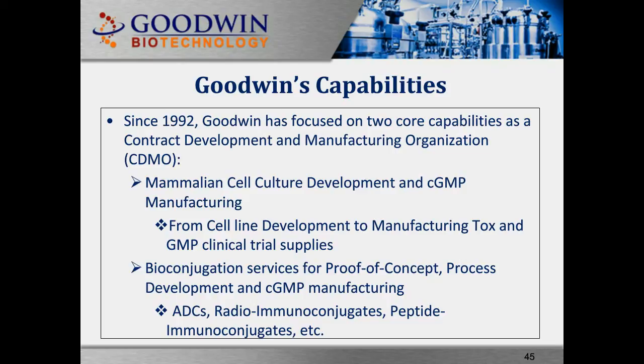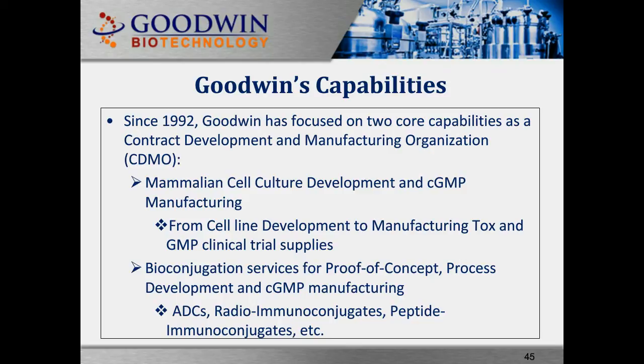Goodwin is a one-stop shop, from cell line development to manufacturing toxicology material and GMP clinical trial supplies. We also have capabilities in bioconjugation services, from proof of concept to process development and cGMP manufacturing, using antibody drug conjugates, radioimmunoconjugates, peptide immunoconjugates, etc.